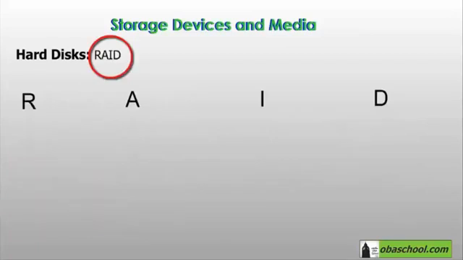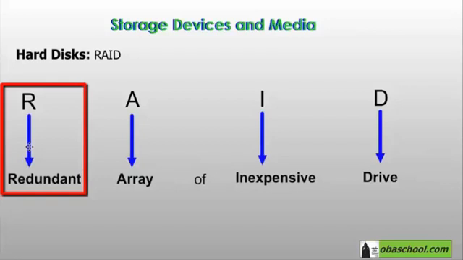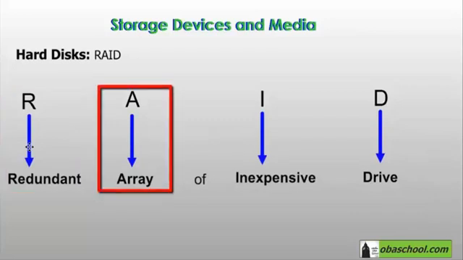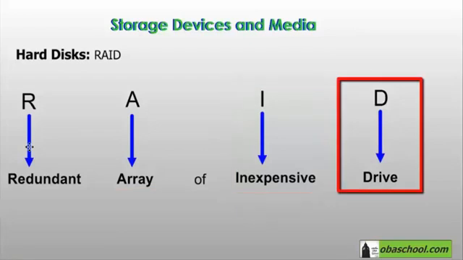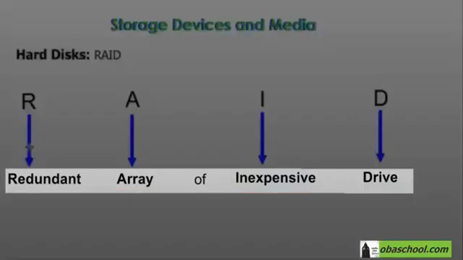Now let's move to the RAID. The RAID is an abbreviation for a word. Let's look at it. R, redundant, A, array, of, I, inexpensive, D, drive. Redundant array of inexpensive drive.